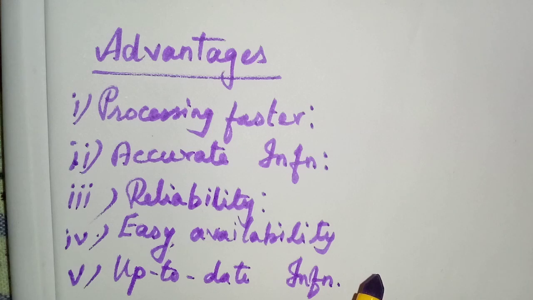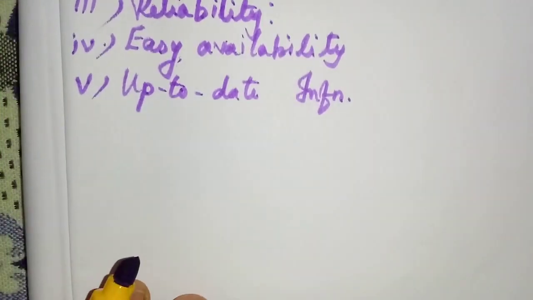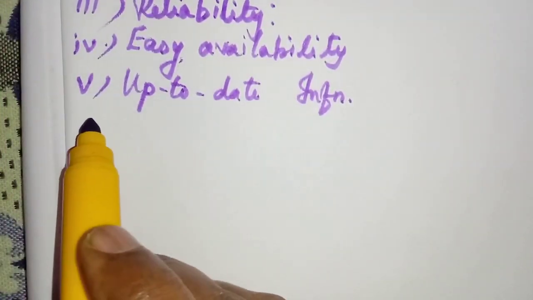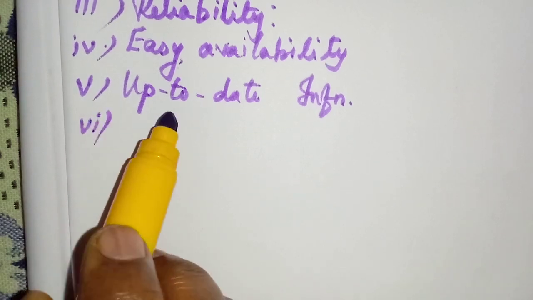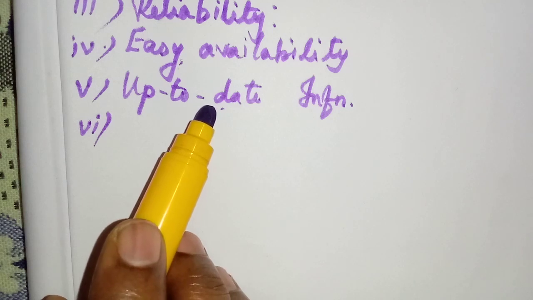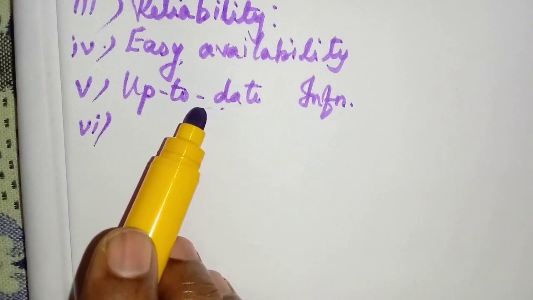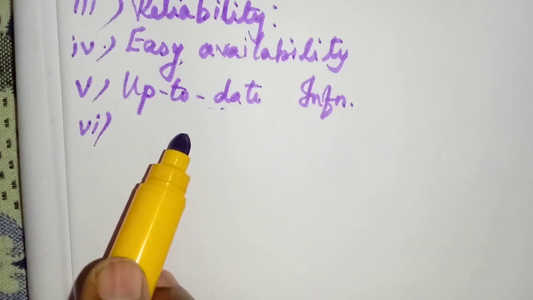Okay, each person's creditors balance, debtors balance, everything can be found out each and every day. So up to date information will be available, but this is not possible in manual accounting. Okay, unless the accountant enters all the transactions, the information may not be up to date.